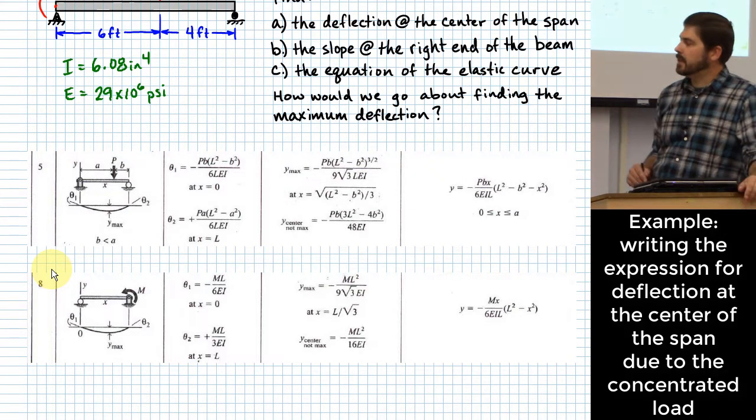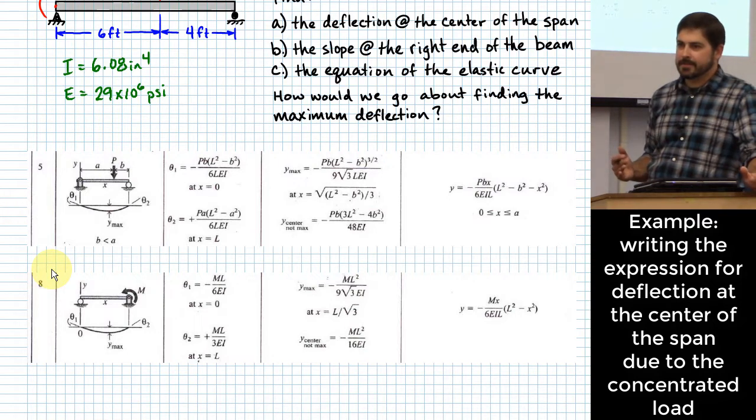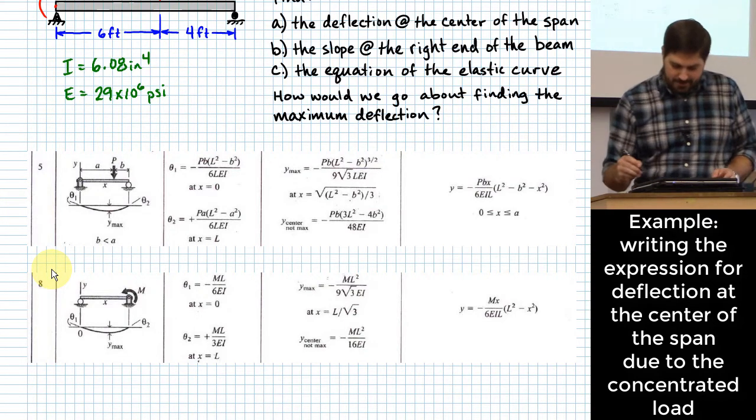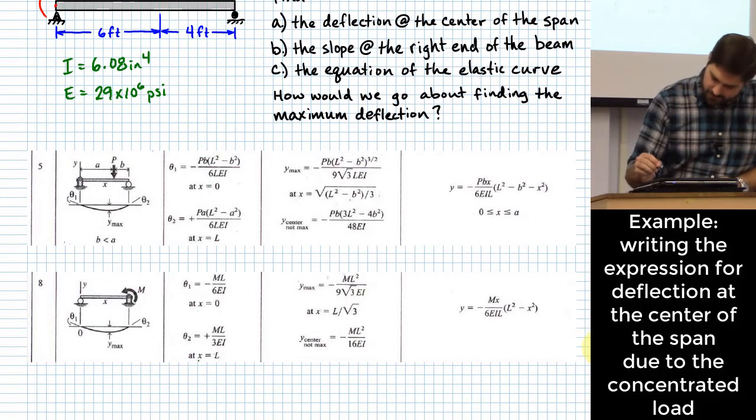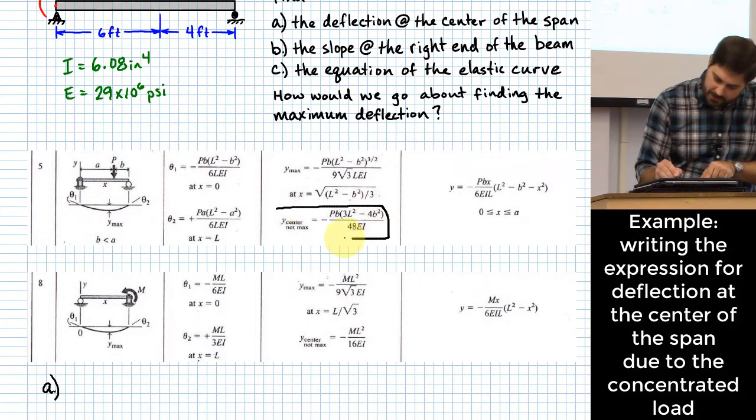So now let's look at part A. Finding the deflection at the center of the span for case 5 isn't hard. What do I need to do? Y at the center, not max, is given right here.